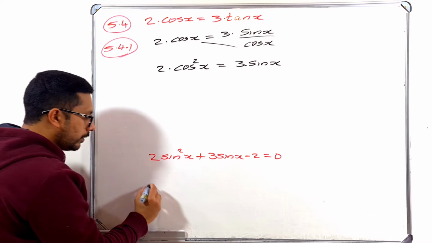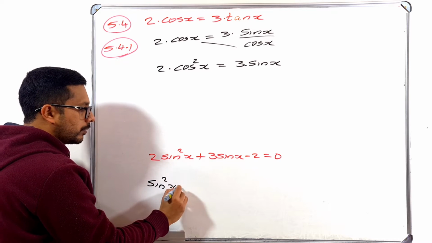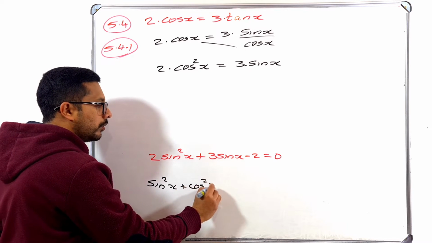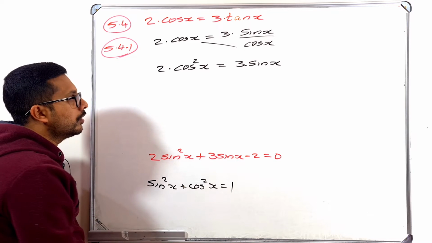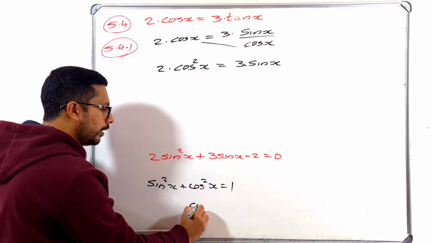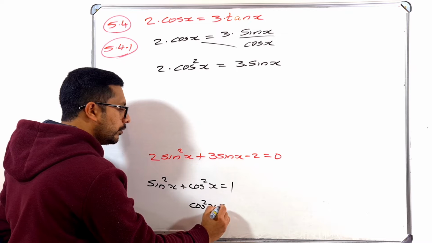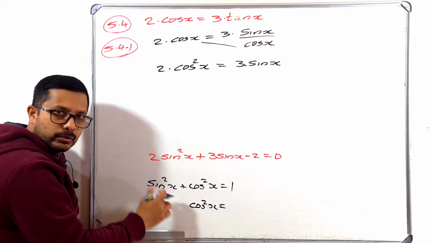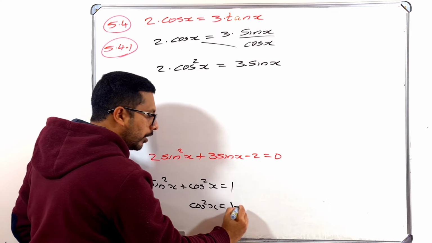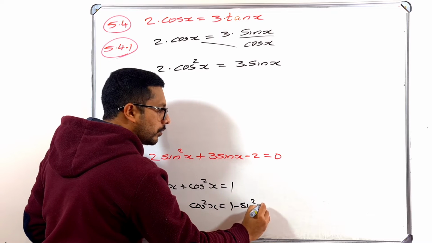Yeah, you know that sine square x plus cos squared x is equal to 1. So what is cos squared x from there? From this equation, take the sine squared x to the other side, so it is 1 minus sine square x.